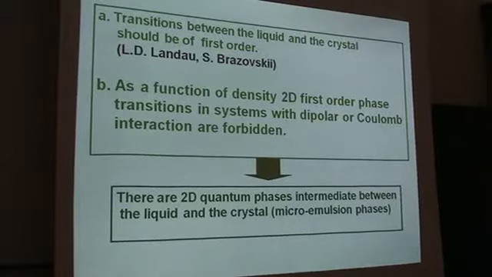Now there is another statement, which is more subtle: in 2 dimensions, if the interaction is anything in between Coulomb interaction and dipolar interaction, between 1 over R and 1 over R cubed, first order phase transitions are also forbidden. Which tells you that there is something in between, so there are intermediate phases.